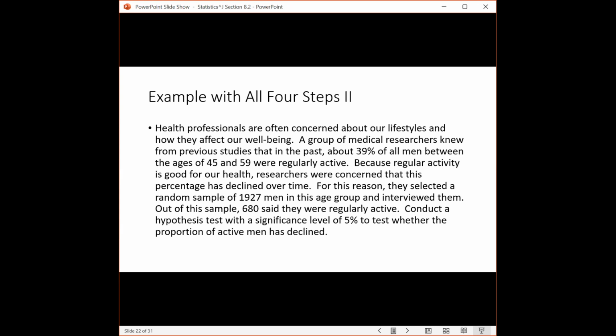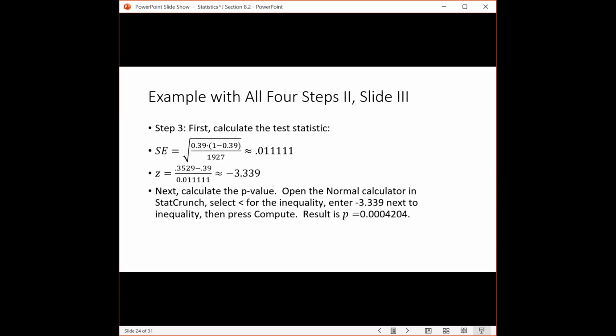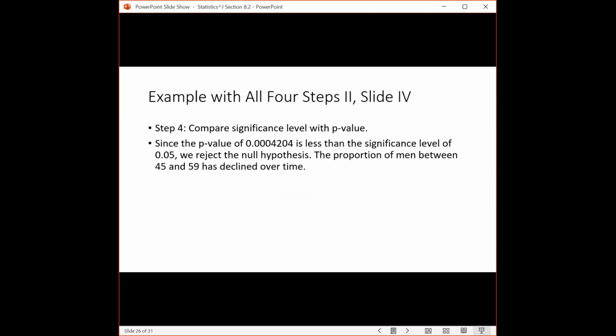And it turns out, no, it's not. It's far enough away that it suggests it's unlikely that the modern amount is actually 39%. So it suggests that the alternative hypothesis is the one that's correct this time, and that the proportion of men who are active has declined, not the proportion of men in existence. This is the proportion of men who are regularly active.